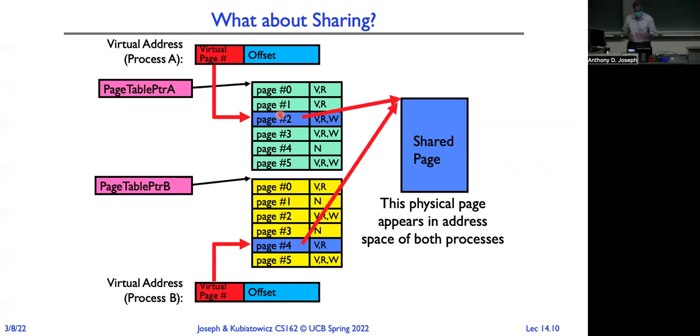Now a caveat here. The same physical page will appear in both processes. But does it appear in the same place? No, right? In one, it's virtual page 2. In the other, it's virtual page 4. What might be the implications of that, a potential problem?